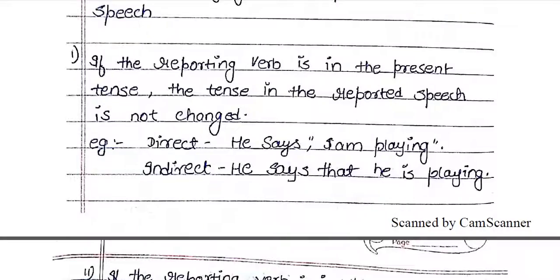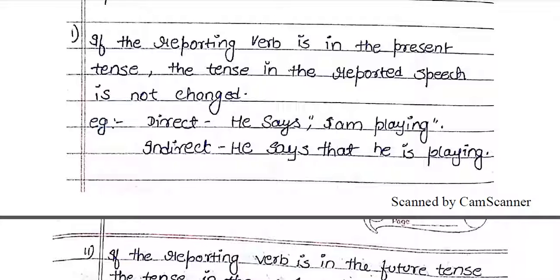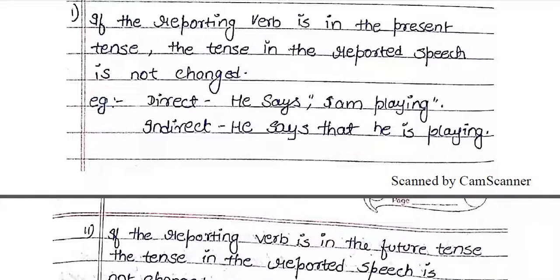The first and second rule go hand in hand, and that's if the reporting verb is in the present tense, or if it is in the future tense. In both the cases, there is no change in the verb of the reported speech. So, for example, in the direct speech, it is saying that he says, "I'm playing."